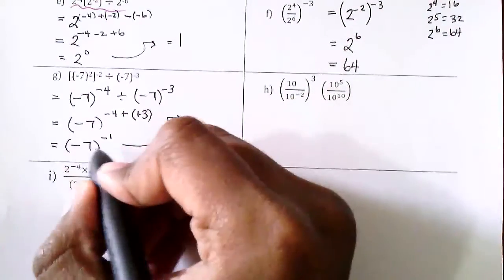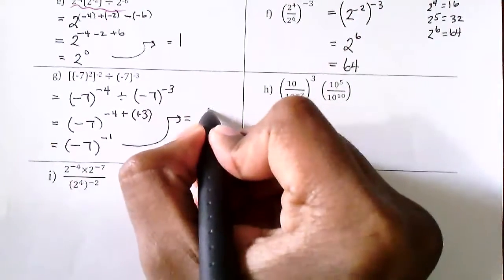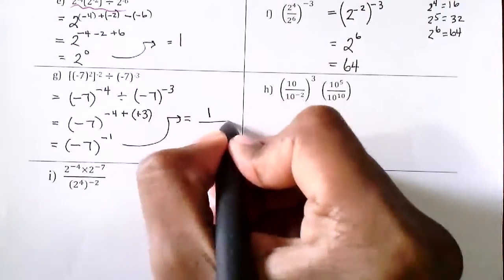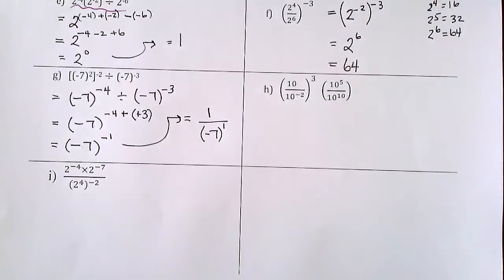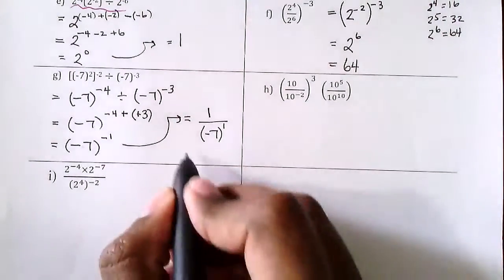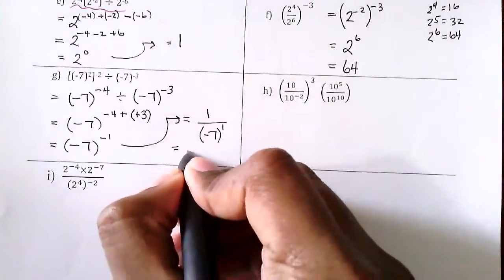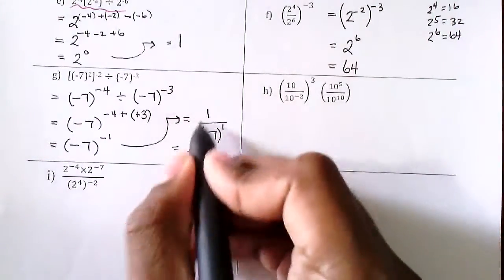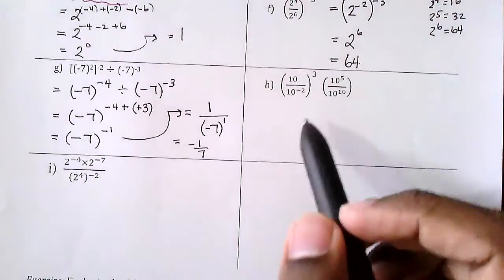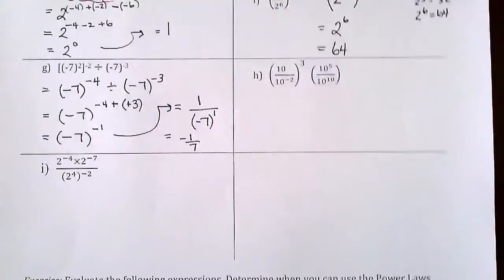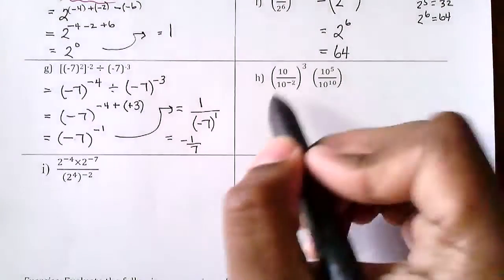So I'm going to change this so that it is a fraction. Remember, the numerator will be 1 over -7 to the power of +1 in this case. And that's equivalent to -1 over 7. So the 1 stays and -7 to the power of 1 is just -7. Let's keep going. There's 2 more examples and then 1 more set of questions.